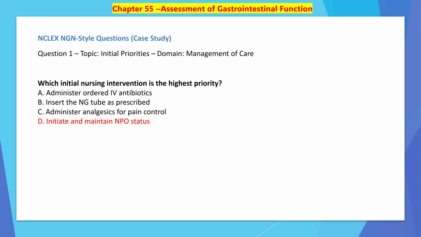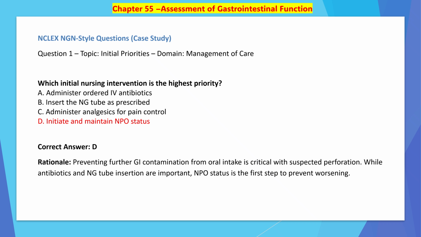Initiate and maintain NPO status is the correct answer because preventing further GI contamination from oral intake is critical with suspected perforation. While antibiotic and NG tube insertion are important, NPO status is the first step to prevent worsening.